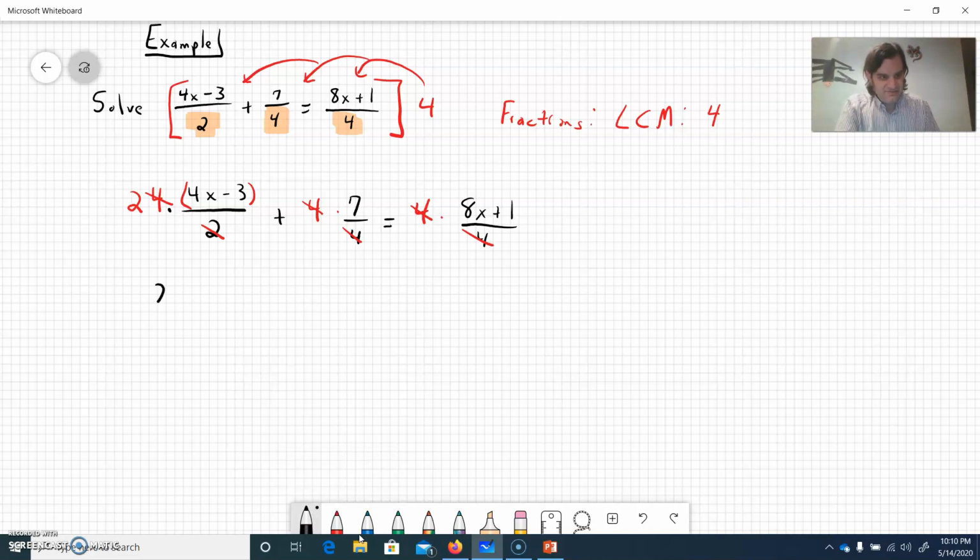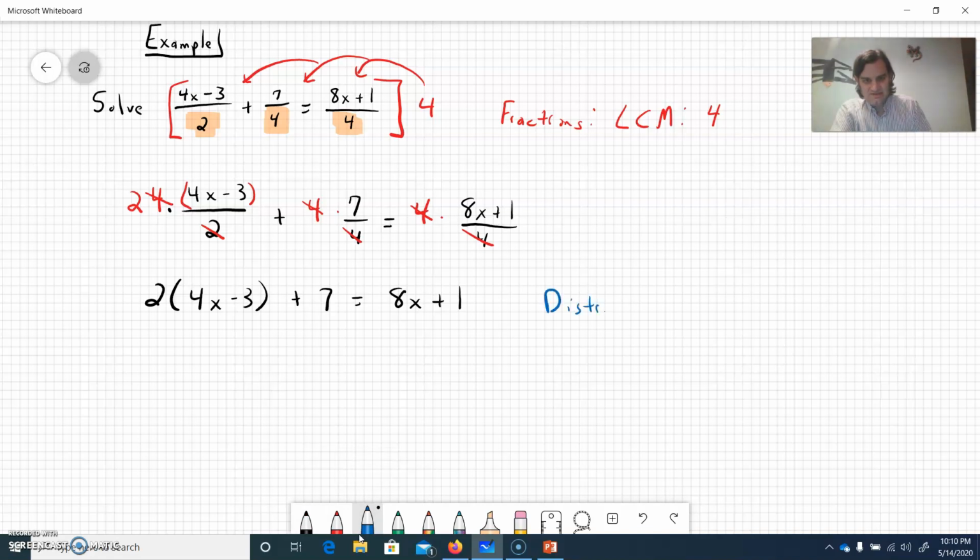Let's go ahead and rewrite it. We've got 2 times the quantity of 4x minus 3 plus 7 equals 8x plus 1. Now we can use the distributive property, and we will push that 2 into the 4x and the minus 3.